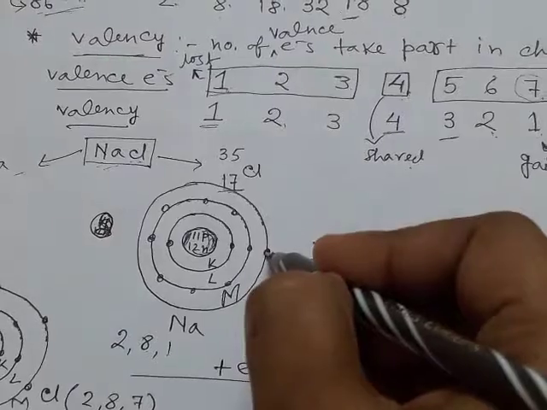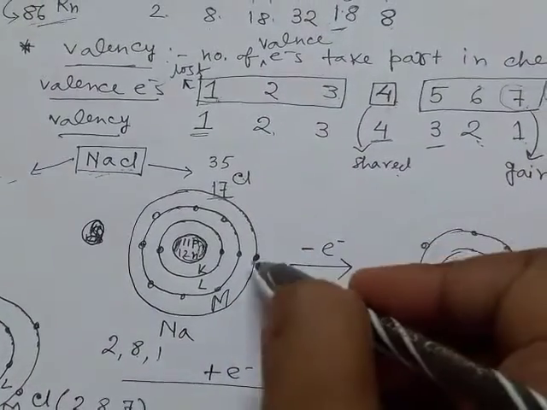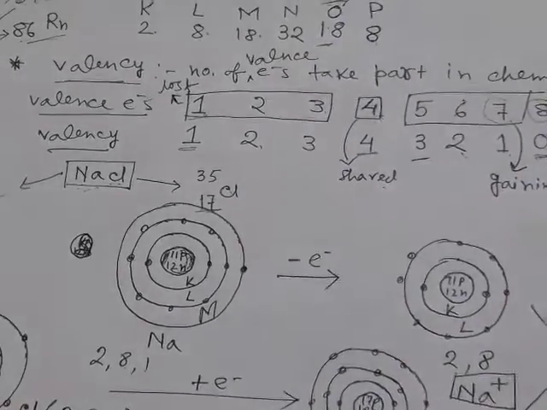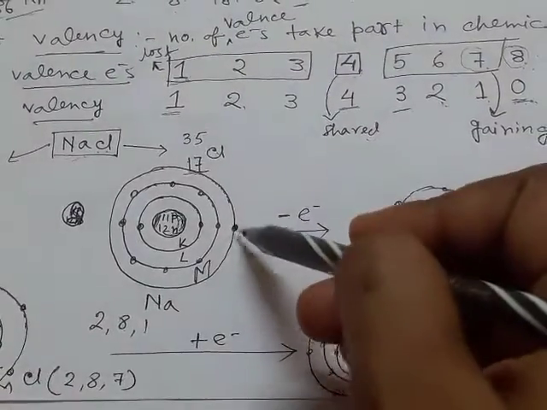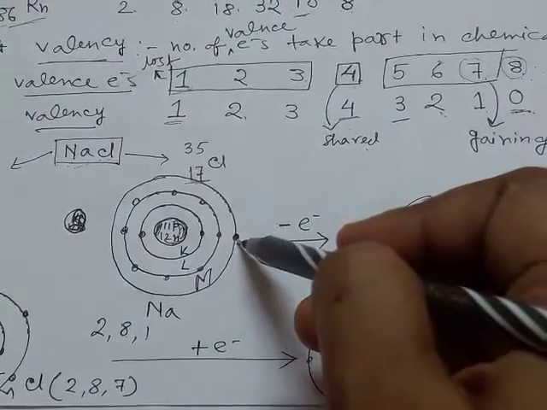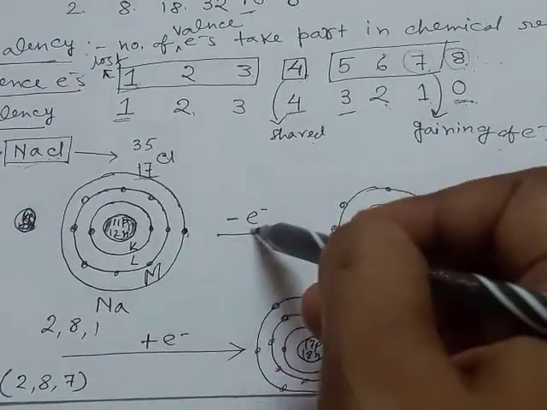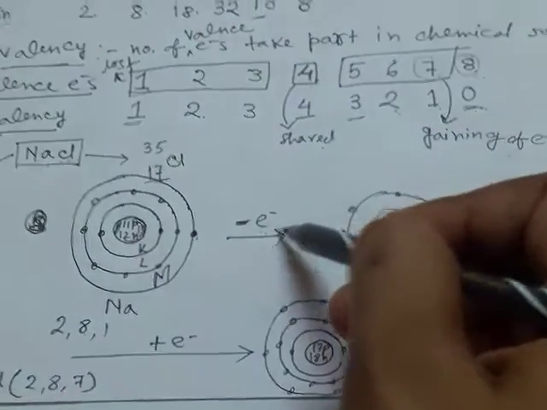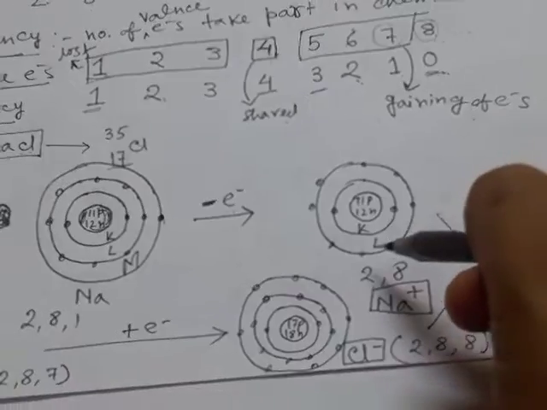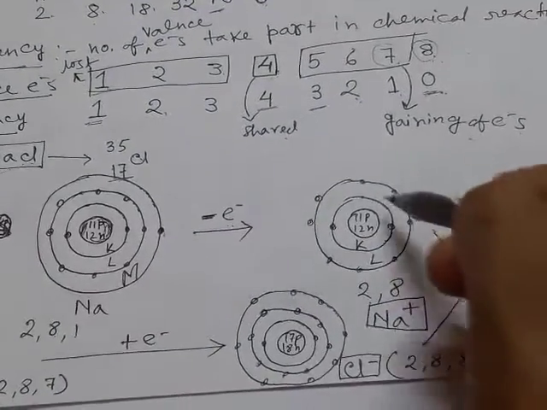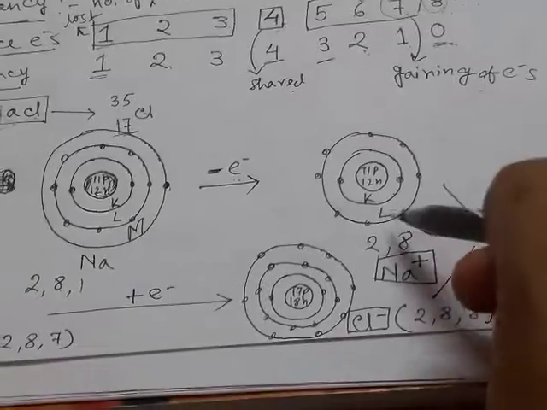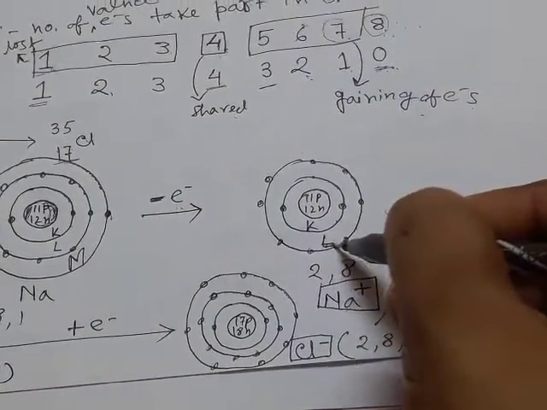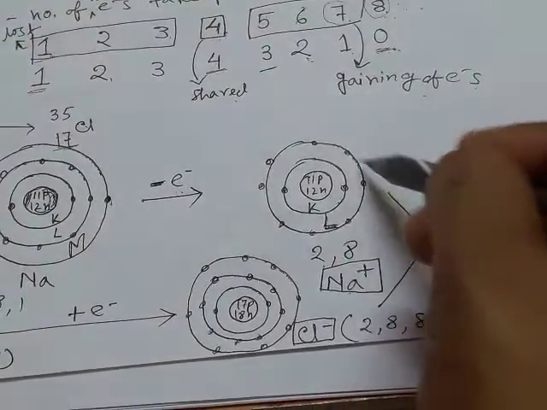As at the valence shell there is 1 electron, this valence electron will be lost to get the noble gas configuration or stable configuration according to the octet rule. When this electron is lost, the configuration will be 2 electrons in the K shell and 8 electrons in the L shell, and the L shell will be the valence shell with 8 electrons.